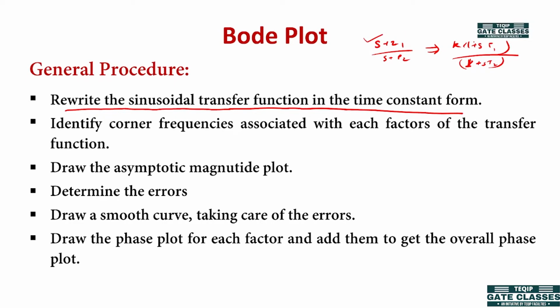Then identify the corner frequencies or cutoff frequencies for each factor. For a first order system you calculate omega c, and for a second order system you calculate omega n. Once you get these values, you draw the asymptotic magnitude plot, you determine the error, then draw the smooth curve.